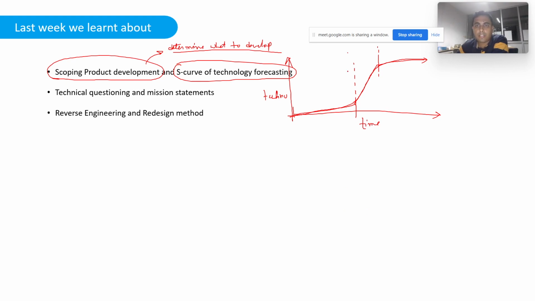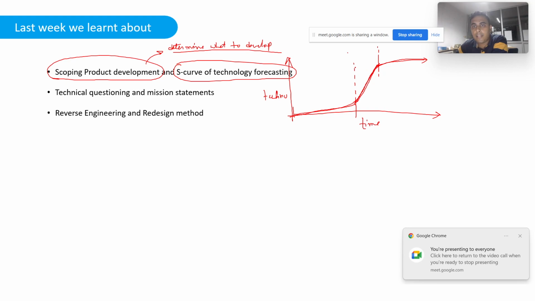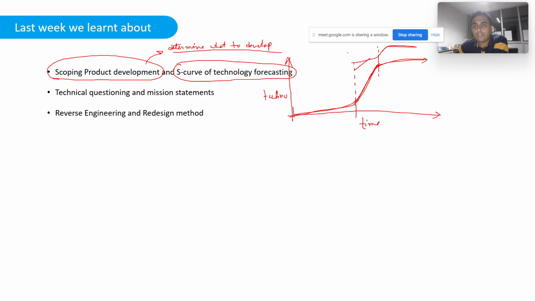Okay, so a particular technology can be in this particular hype phase. Similarly, a technology can be in the initial phase. Depending upon your requirement, you can choose, for example, this is year 2022. You can choose which particular technology to choose between these two technologies. For example, this can be an earlier incandescent light bulb, and this can be LED bulb.